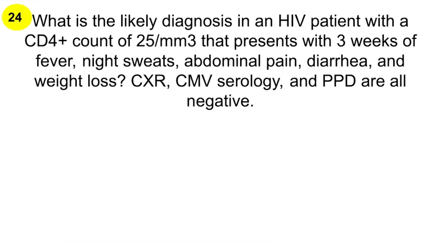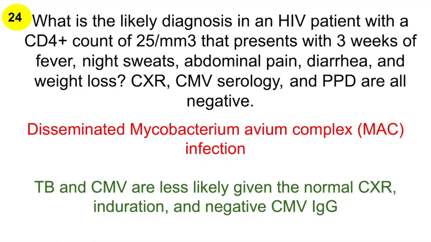Disseminated Mycobacterium avium complex or MAC infection. So, TB and CMV are less likely due to the fact that they have a normal chest x ray and also that the CMV serology is negative.